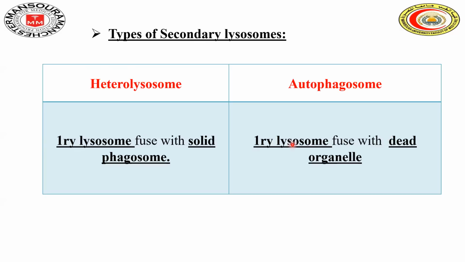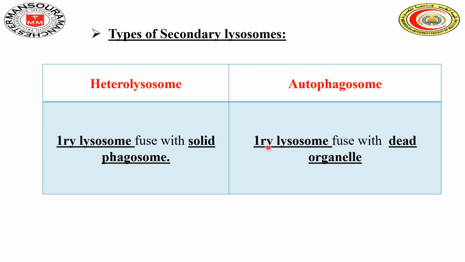At that time, primary lysosome will fuse with the dead organelle, and the net result is the production of secondary lysosome called autophagosome. So the main difference between hetero and auto is the content. If it contains foreign body, it is heterolysosome. If it contains part of the cell itself, which is not functioning, this is the autophagosome.